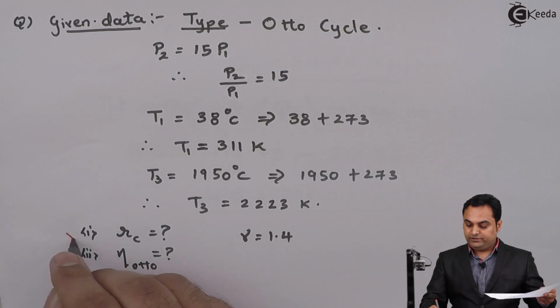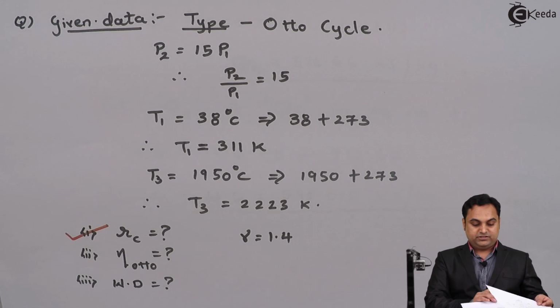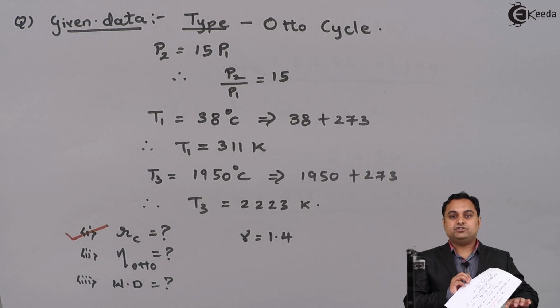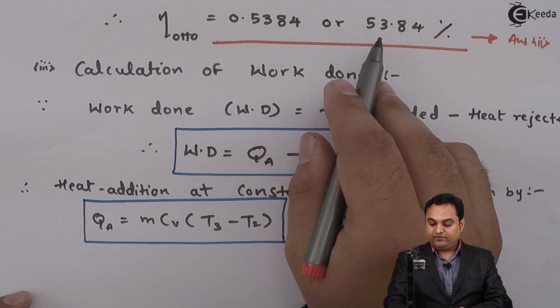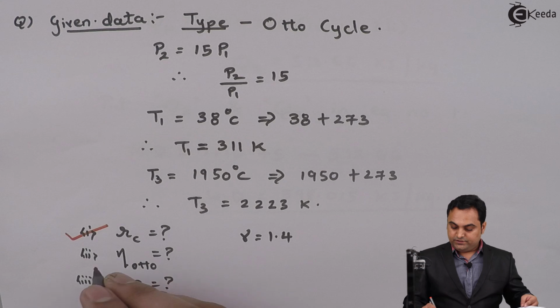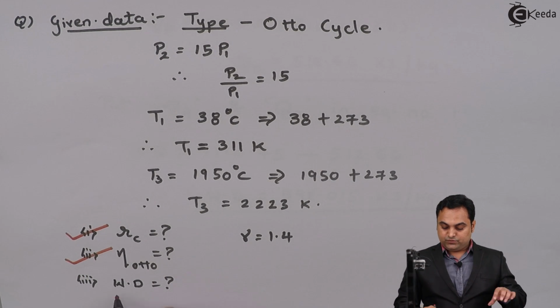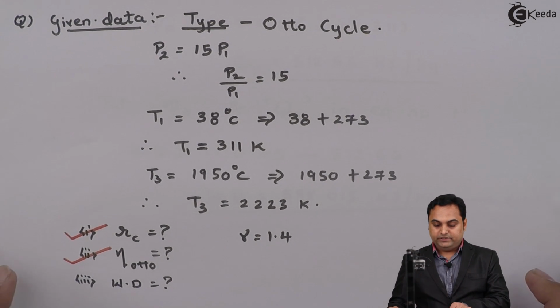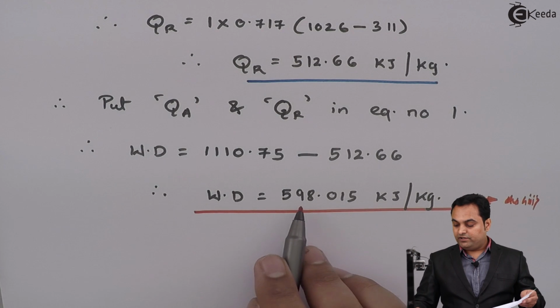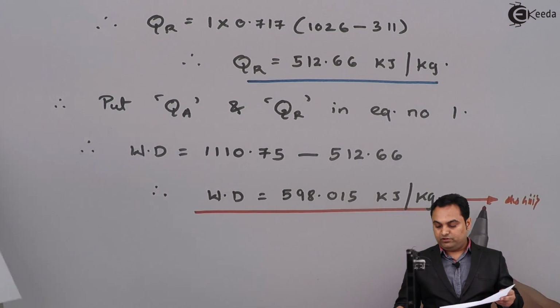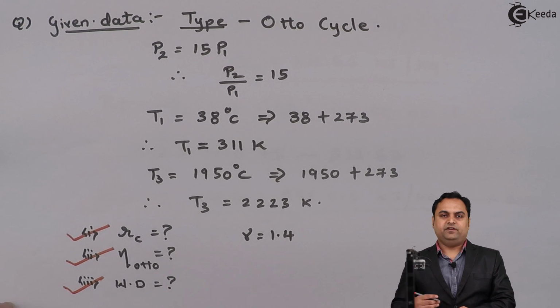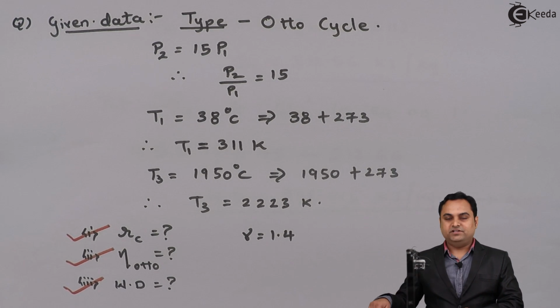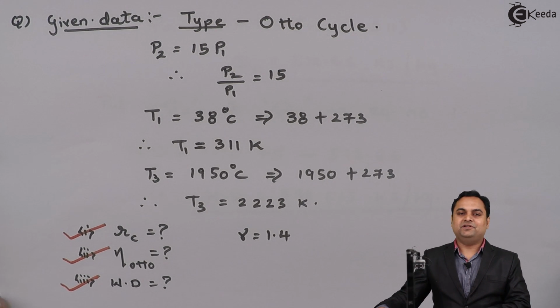Next was the efficiency of Otto cycle. That efficiency came out to be 53.84%, the second answer. And the last question was work done, and that work done value was found to be 598.015 kilojoule per kg. And with all 3 unknowns, we have found out their values, and with this we can say that the problem has been completed.